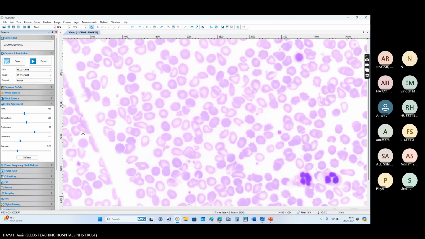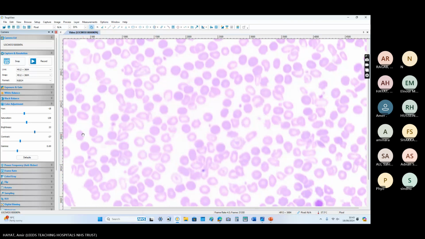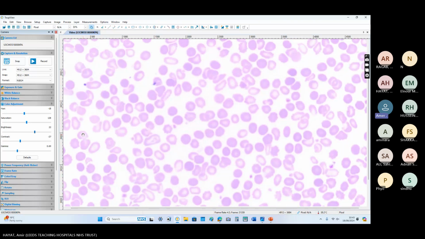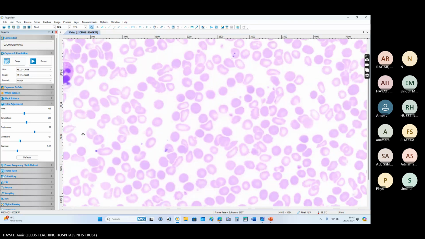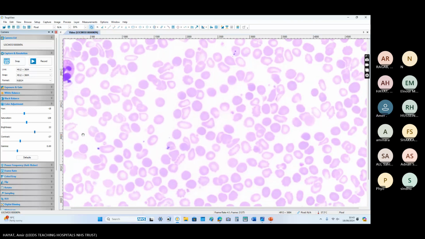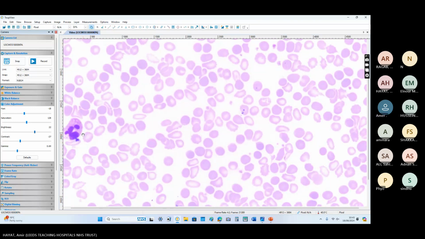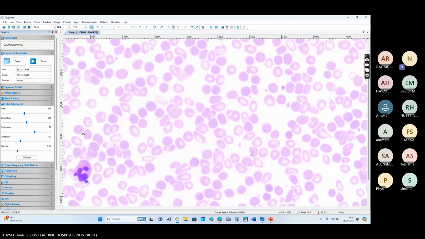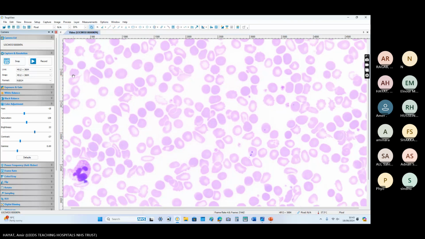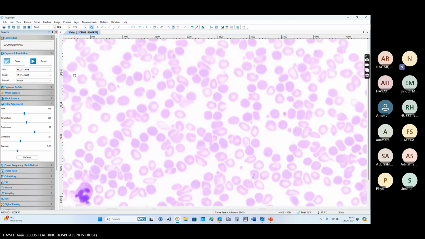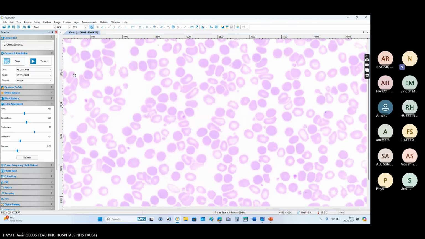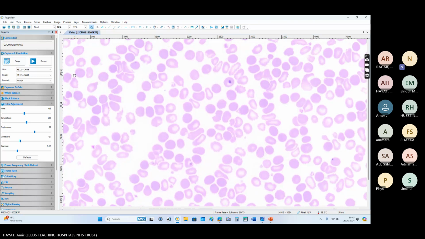So the blood film is consistent with... I'm not sure what it's consistent with. Maybe... I couldn't find any NRBCs. There is no basophilic stippling.